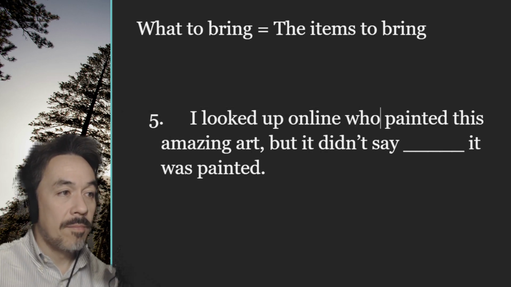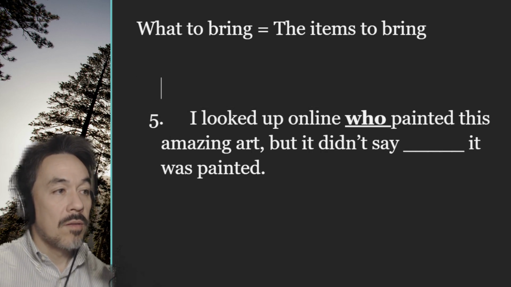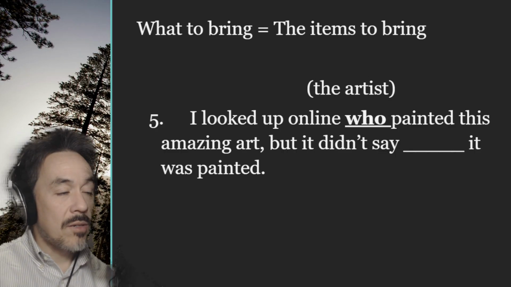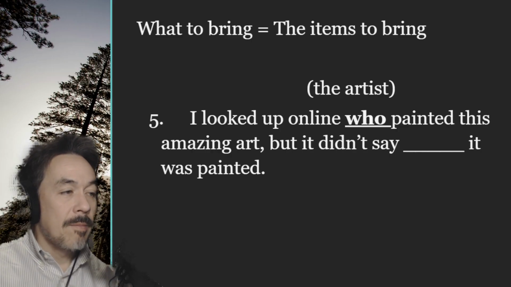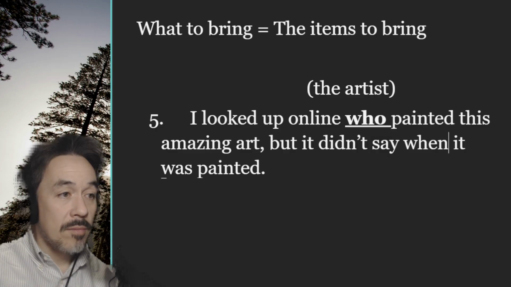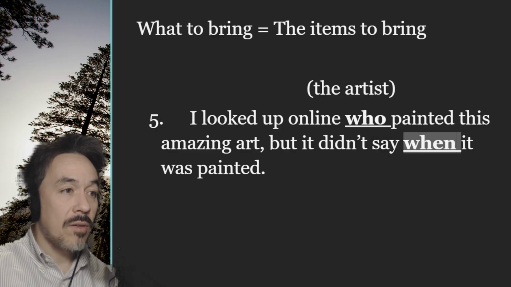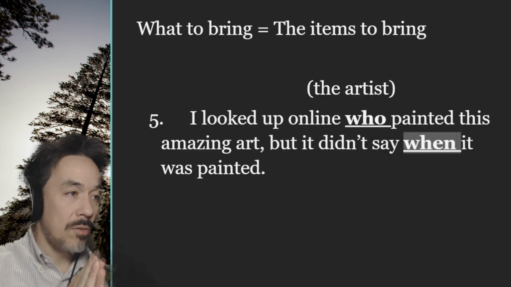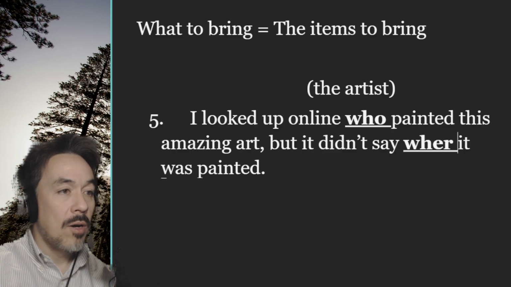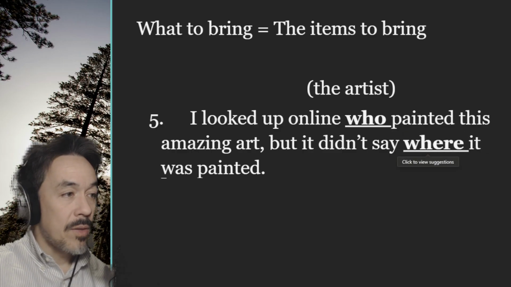So who? Online, what is it? The artist painted this amazing art, but it didn't say. You could say when. So I looked up who, but it did not say when it was painted or where it was painted.